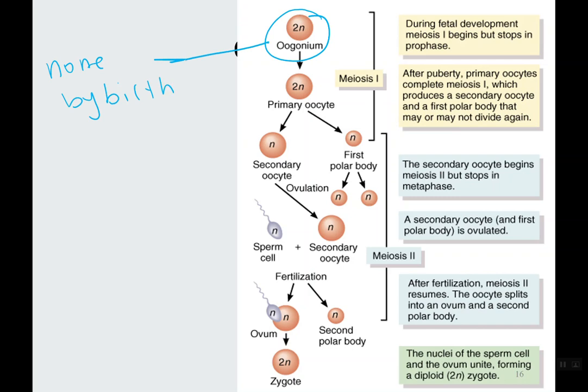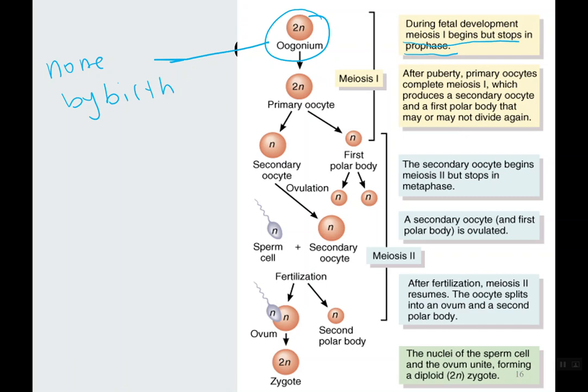For this reason, the fertility window for people that make eggs is shorter than for people who make sperm, and that's because you don't have any more stem cells by the time you come out of your mom. So that arrest in prophase 1 lasts until puberty. So everything in the ovary is pretty much dormant until puberty.